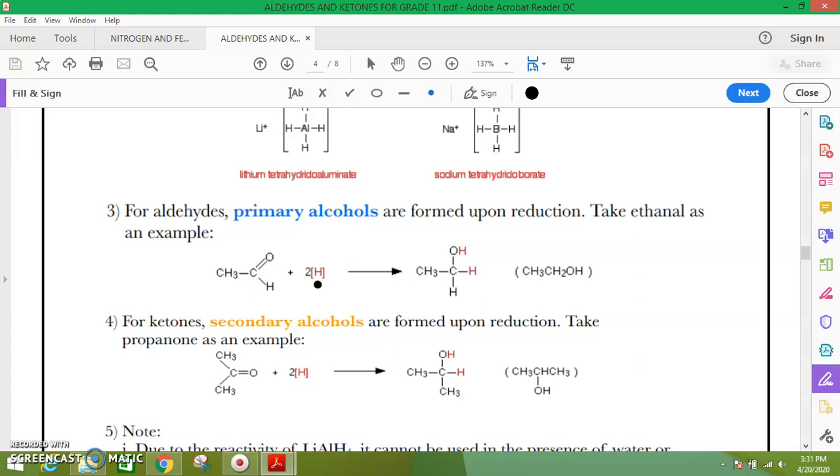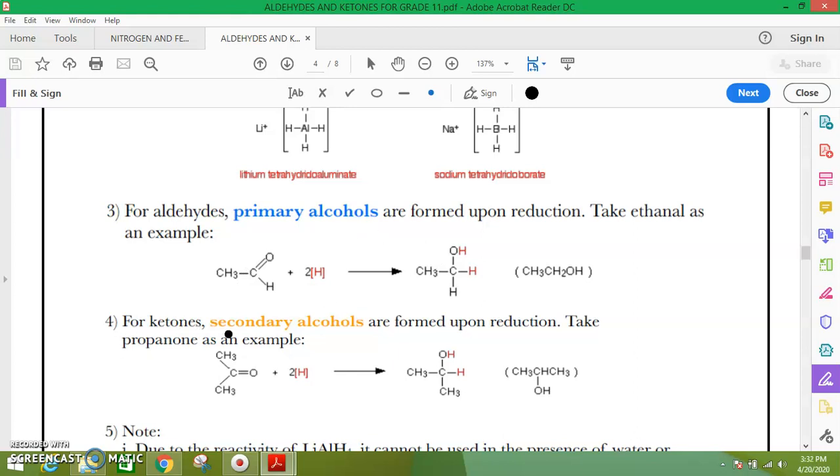One we add with oxygen and another one with carbon. So CH3CH2OH, because with this carbon we have 2 hydrogen, we call this a primary alcohol. So what happens when you use an aldehyde for reduction? The aldehyde changes into a primary alcohol.